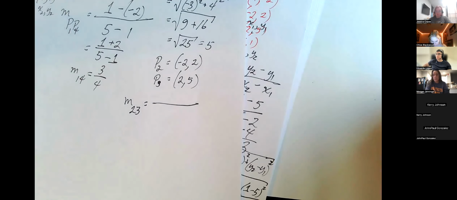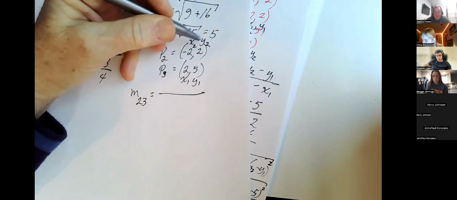I would like for it to be. Okay, good. So let's let P3 be X1, Y1, and P2 be X2, Y2. So what is Y2? Y2 is 2. Good. And Y1, 5.